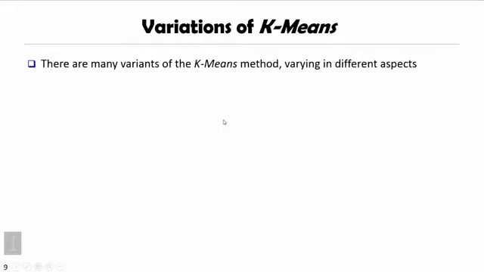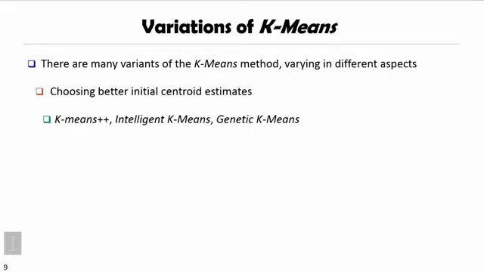Because k-means came quite early and is very popularly used, there are lots of studies on different variations of the k-means method. For example, how to choose the initial centroids. There are methods called k-means++, intelligent k-means, or genetic k-means.